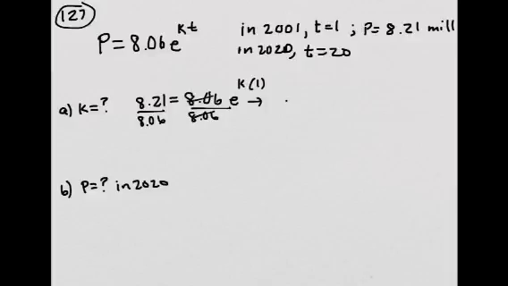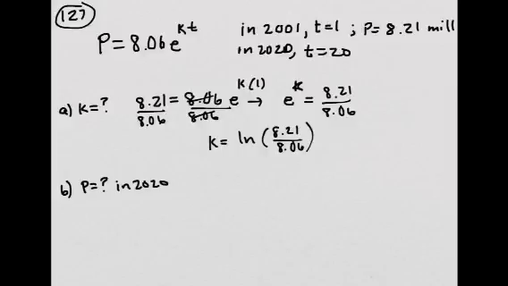So this gives me e to the k equals 8.21 over 8.06. So I'm going to do the natural log. So k equals natural log of 8.21 over 8.06. So whatever you get here in the calculator for this, that's your answer.